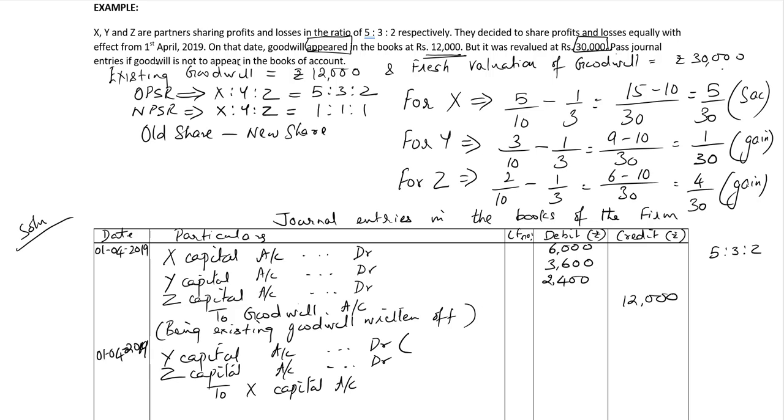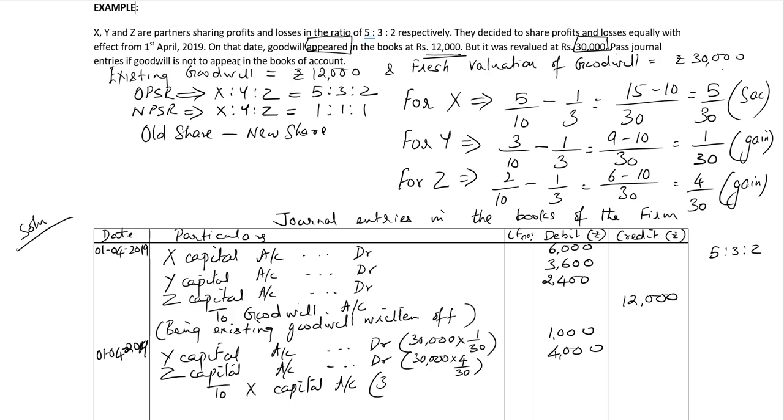For the amounts, we need to take the goodwill of the firm. It's revalued as 30,000 into the gain of Y, which is 1 by 30. So it's 1,000 rupees. For Z, it's 30,000 into his gain, which is 4 by 30, which is 4,000 rupees.